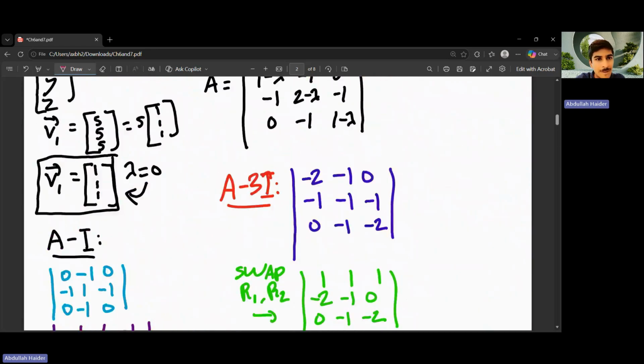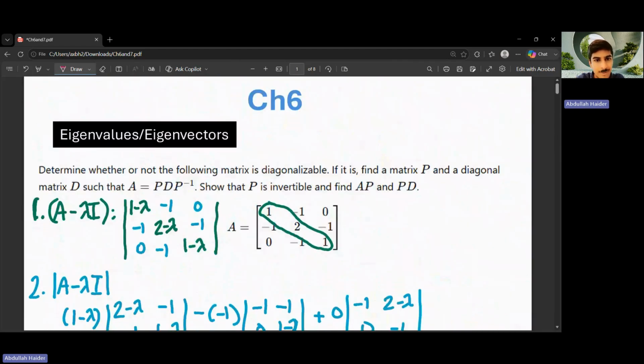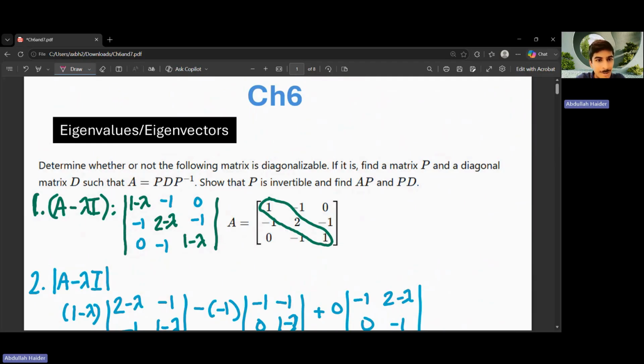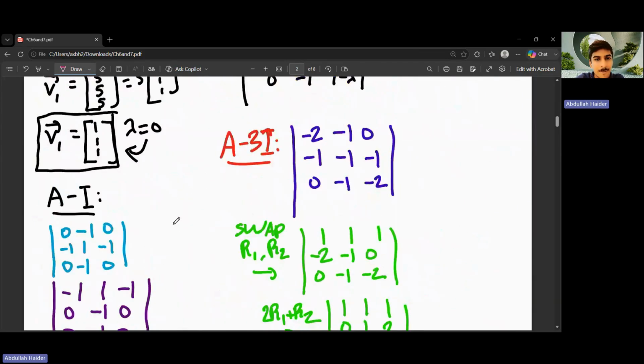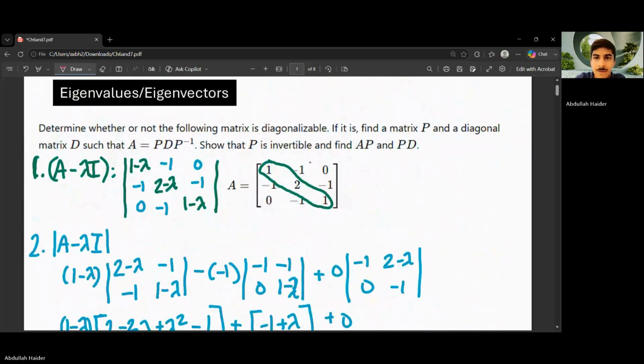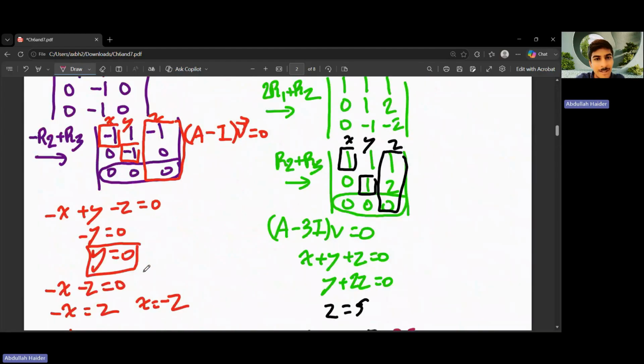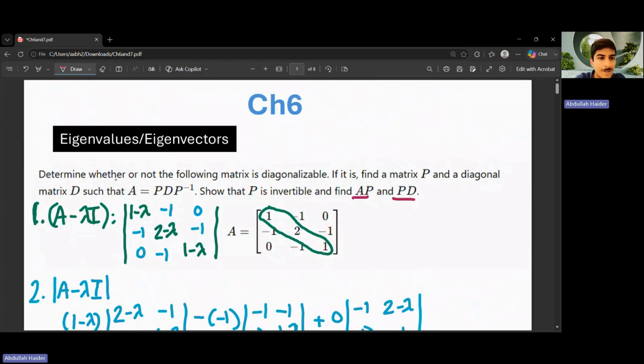And once you're done with all of this, now you need to check if the matrix is diagonalizable. What I mean by diagonalizable is that you first find P and D to check if the matrix A, and it's talking about A by the way, is diagonalizable.